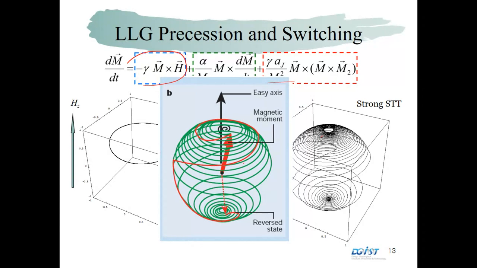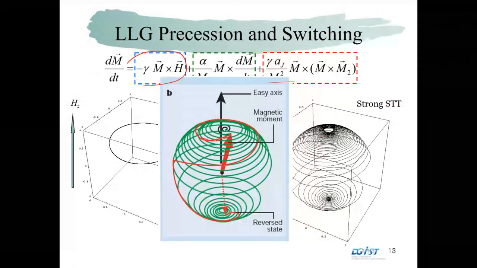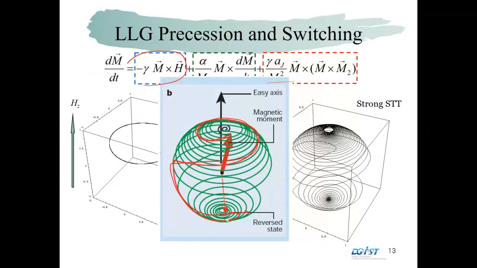The green one and red one are quite different. The green one is just a little bit larger than the critical switching current, so they generate such a long trajectory. But if you apply a very strong current, they can switch very fast. Okay. Anyway, somehow we can switch.